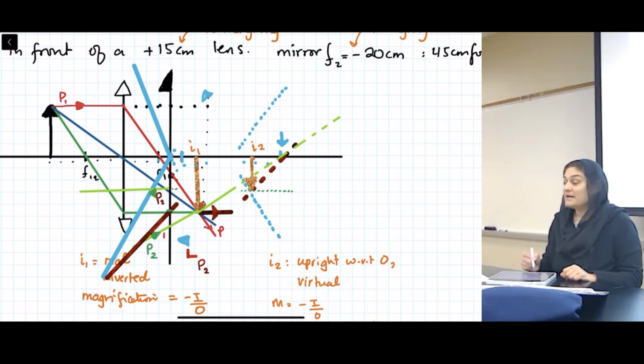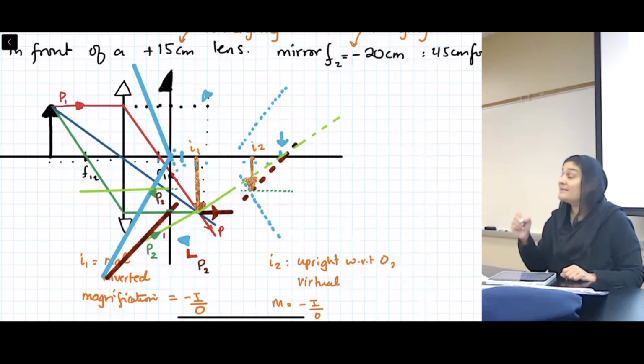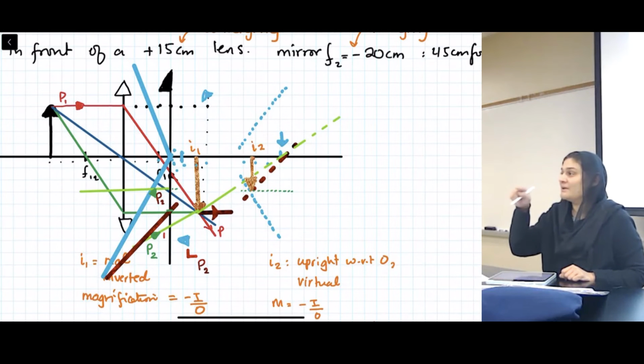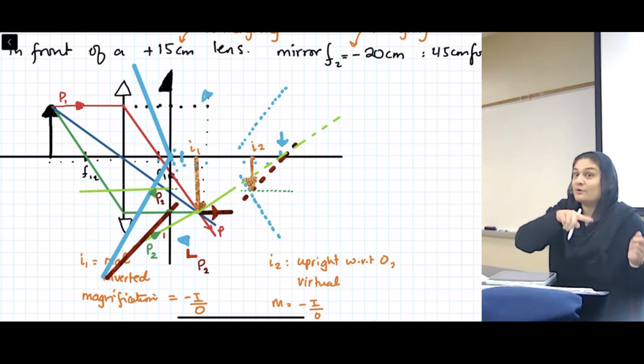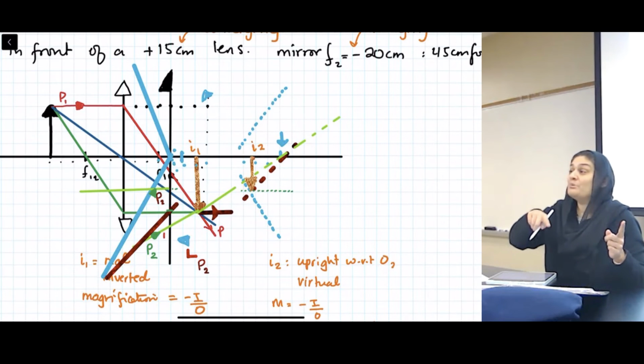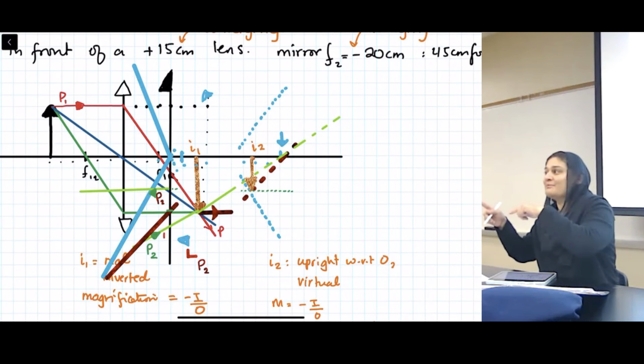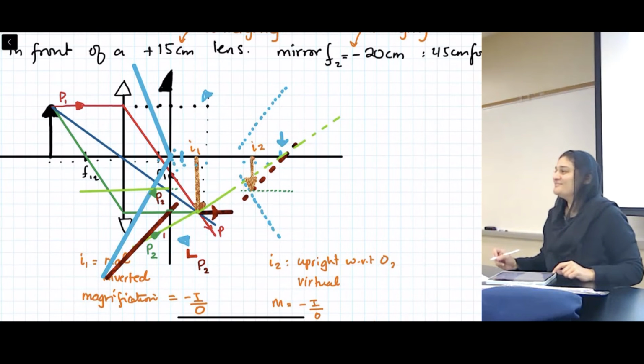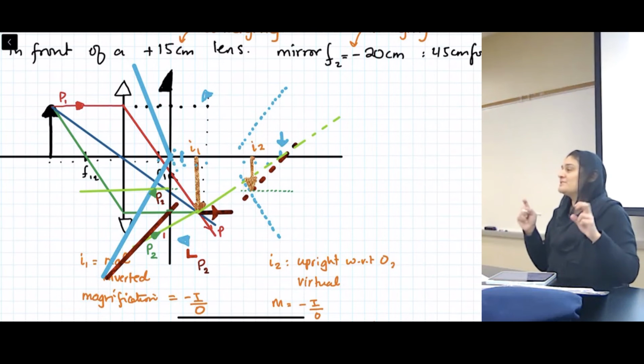That suddenly makes your image 1 now a negative or a virtual object for lens 2. Do you see how that works? Even though it was a real image for lens 1, it has now become a virtual image for lens 2. This is how you get negative objects.